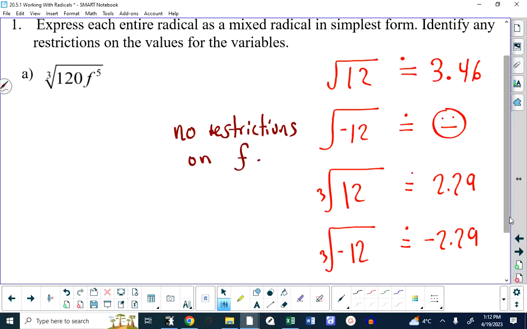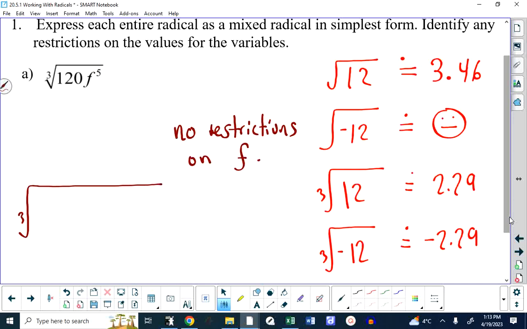So let's simplify this. And many of you are going to be able to do this very quickly without doing all of these steps. I'm going to break 120 down into all of the prime factors, and you're going to do the same thing. So take a minute on paper and figure out what 120 is when you break it down into all of the prime factors.